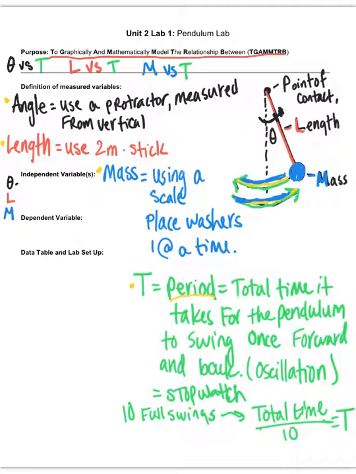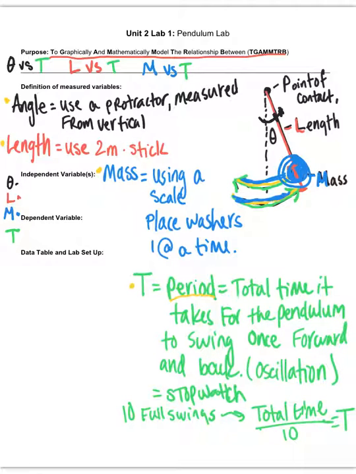Length is simple: you just change the length of the string from the shorter spot to the longer spot. Mass, you're going to change the number of washers. If I have one washer, I might add another washer and another one, et cetera. Those are all pretty easy to change. And then we're going to test how changing those variables affects the value of our period.